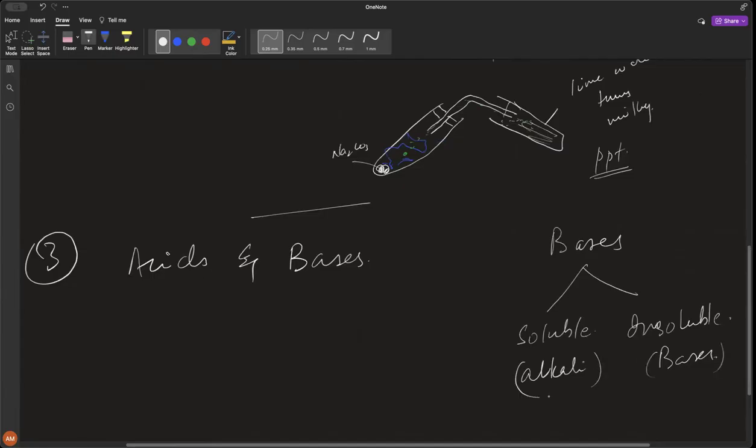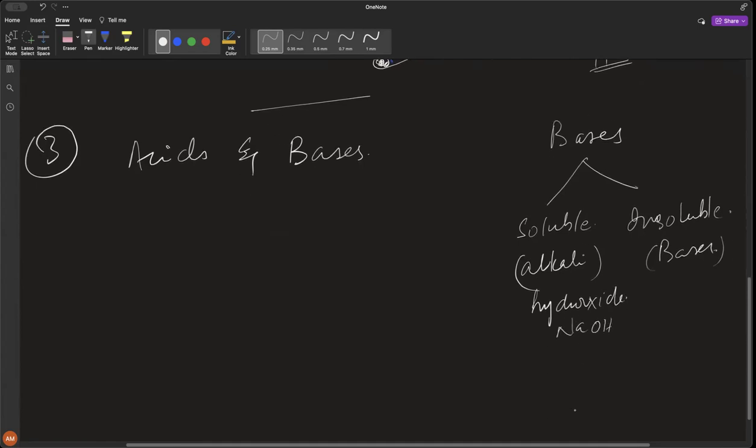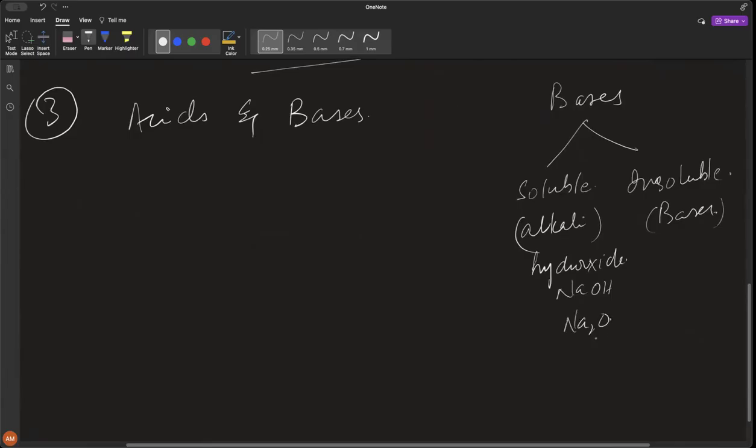You get it? So basically, they are metal hydroxides, sodium hydroxide, or sodium oxide that can dissolve in water. And there are other insoluble bases that generally do not dissolve in water. We'll write zinc oxide, let's say, solid.